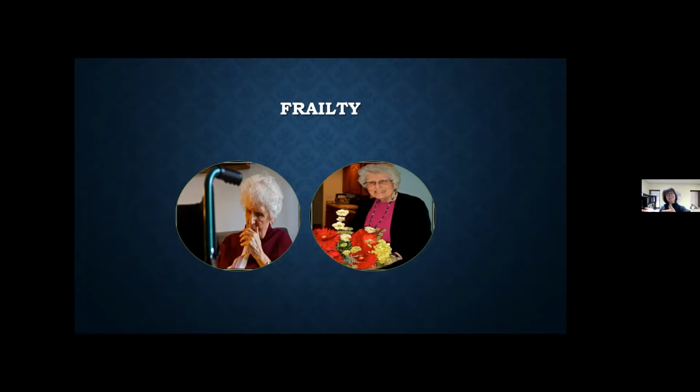And honestly, this is the same woman, photos taken to highlight these things. But you could see how, when she's having a bad day, a rough morning to get up and get started, you do see some of those frail characteristics popping out. But she gets herself together, puts on some makeup, a nice bright shirt, and maybe we lose that picture of her being frail, even though she still is.